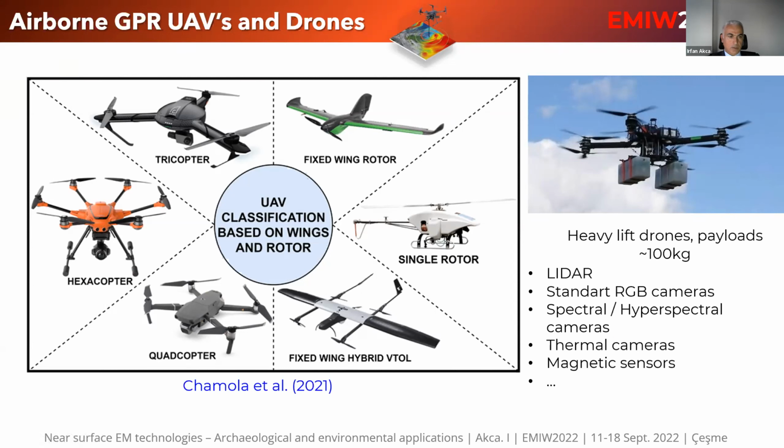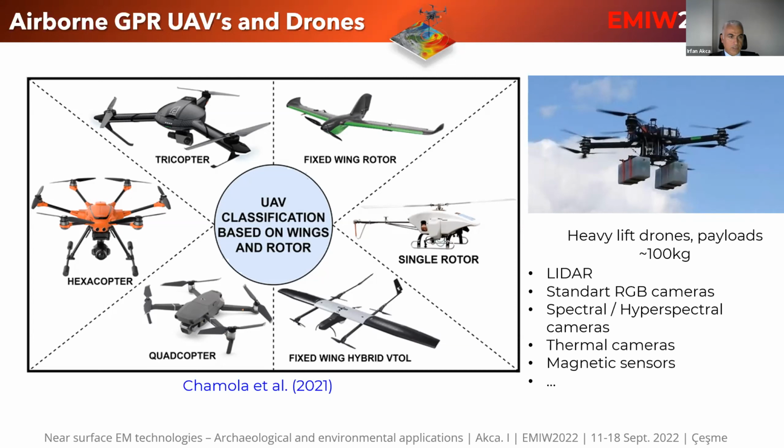And these drones or UAVs are equipped with some kind of sensors like LiDAR, different kinds of cameras, spectral or hyperspectral cameras, thermal cameras, and magnetic sensors, which are already mounted on these vehicles and used in different kinds of science, also in geophysics.